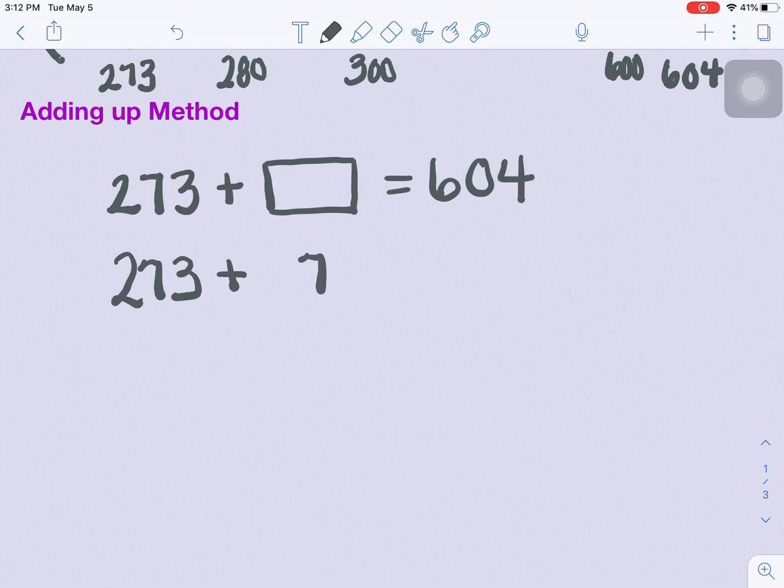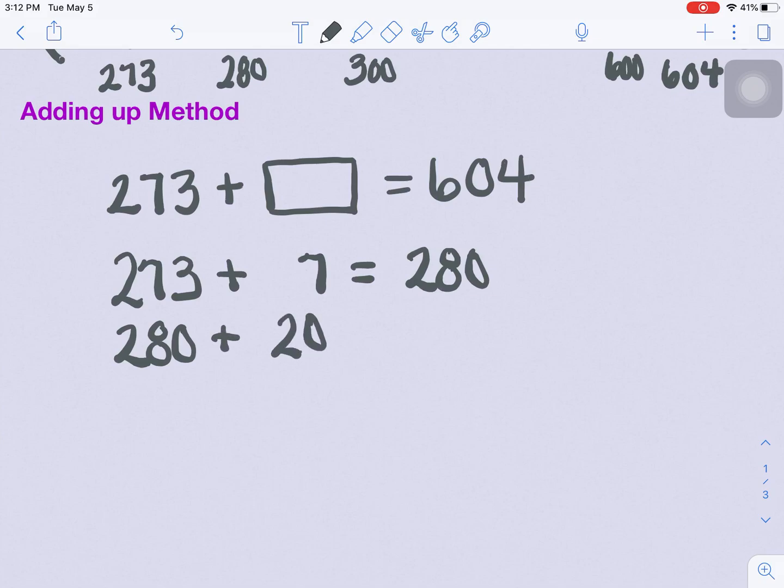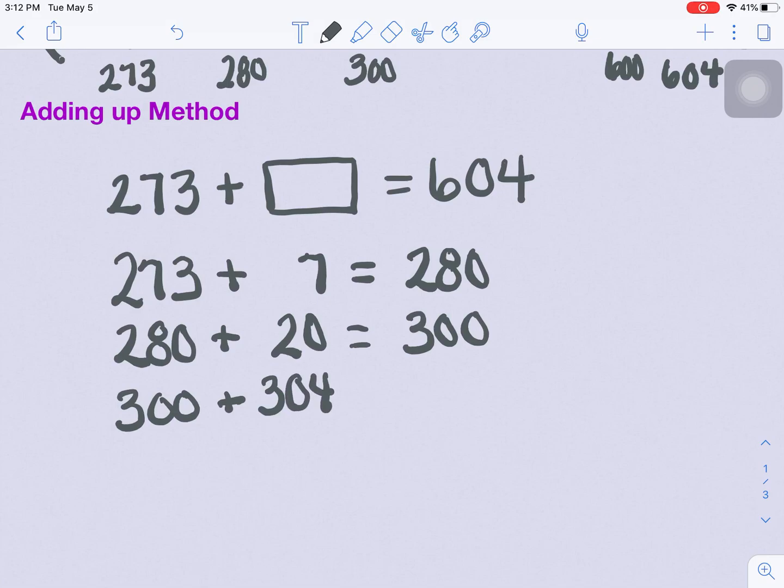So 273 plus 7 will get me to 280. 280 plus 20 will get me to 300. 300 plus 300 gets me to 600, and then I only need 4 more to get to 604.